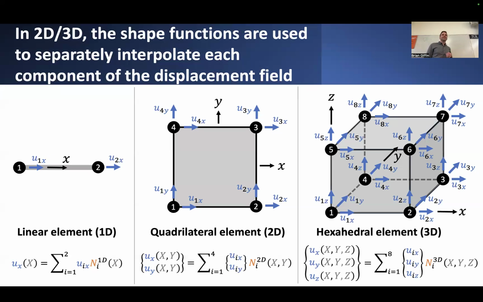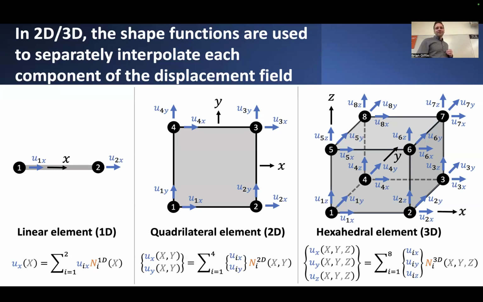We specify them, at least when we were formulating things in 1 dimension, in terms of some local parametric coordinate domain. Rather than x, we specified things in terms of xi, which had a normalized range from xi equals -1 to xi equals +1. So we're going to do something very similar in extending things into the 2D and 3D domain. But the challenge is figuring out what those shape functions should look like, such that they satisfy all these different properties.